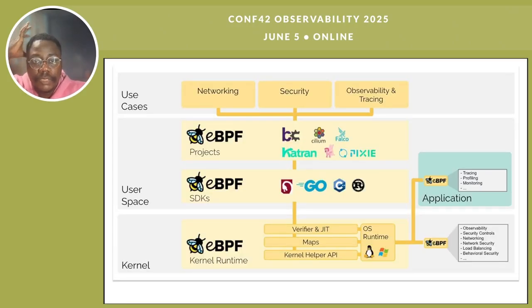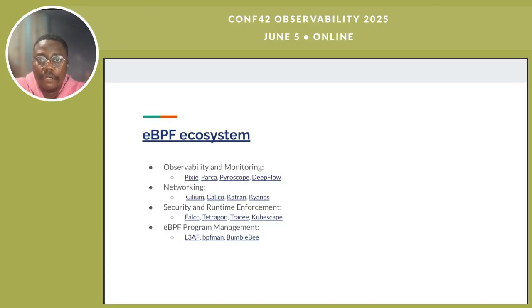So here we see a kind of ecosystem map, looking at all the projects and SDKs that are available to you for whatever use case you have. For observability and monitoring, we have Pixie. We have Pixie, which is a Kubernetes observability tool that takes away the need for manual instrumentation as it is based on eBPF.